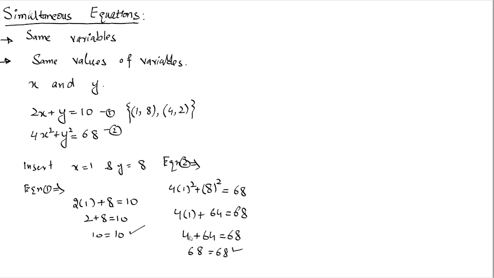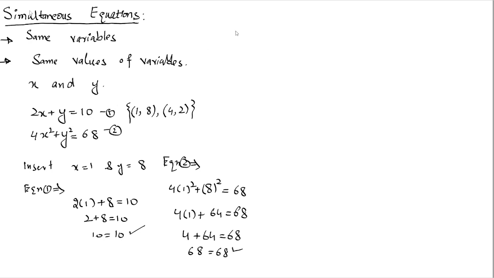This means equation number 2 is also satisfied by the same values of variables. Similarly, if we insert x is equal to 4 and y is equal to 2, it will satisfy both the equations. So these equations are simultaneous equations.